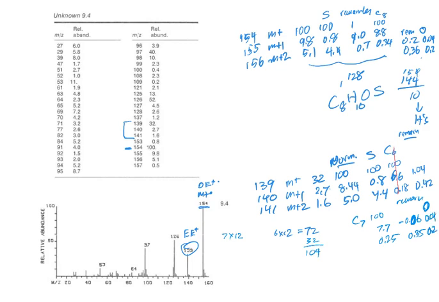All right. So then we end up with C7, H, we have an oxygen, and we still have our sulfur.